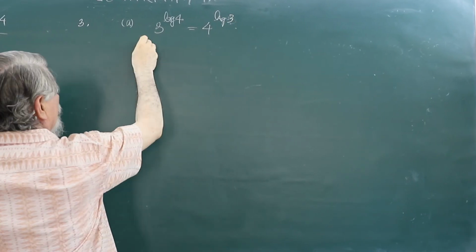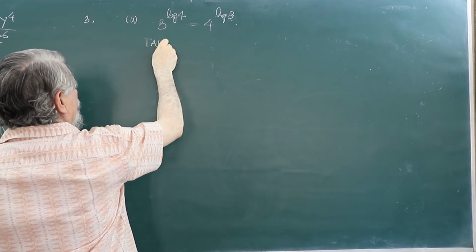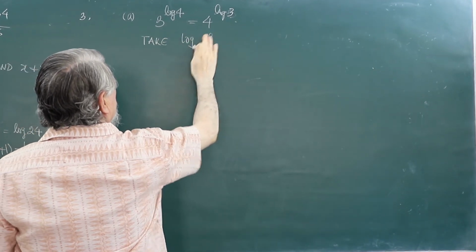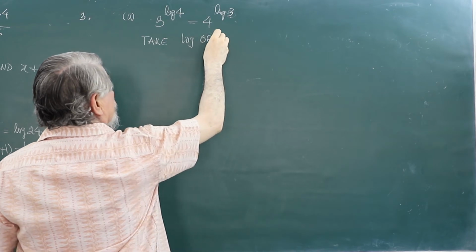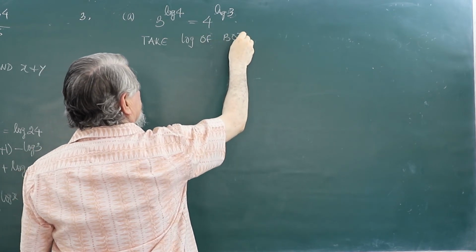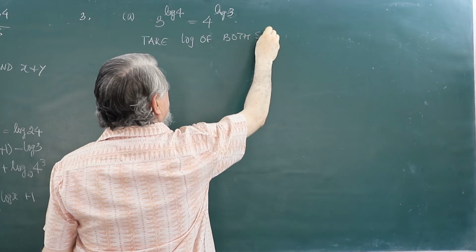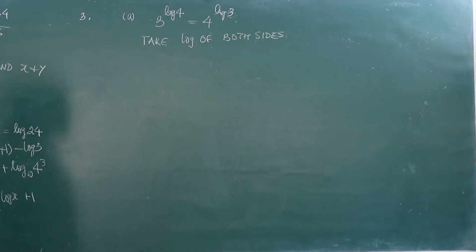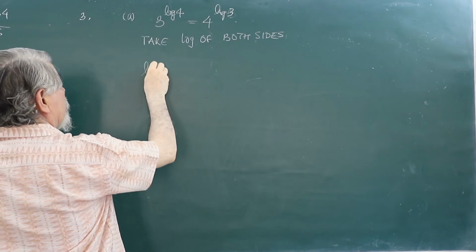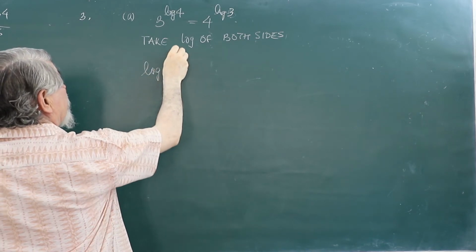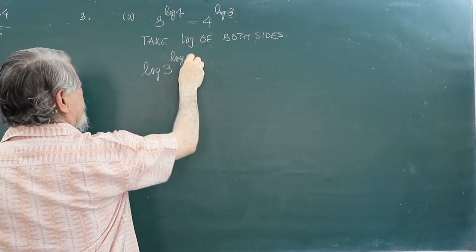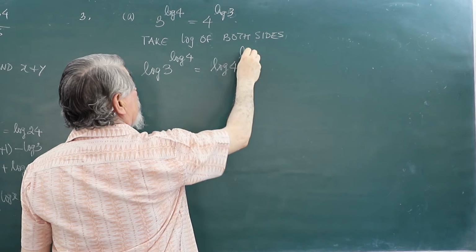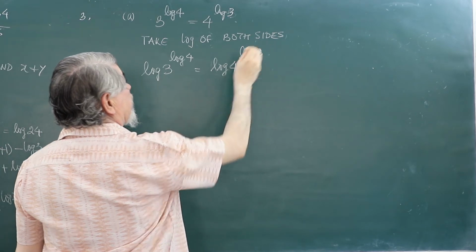Now let's take log of both the sides, left hand side as well as right hand side. We can take logarithm of both the sides, not single. It will become log 3 to the power log 4 will be equal to log 4 to the power log 3.